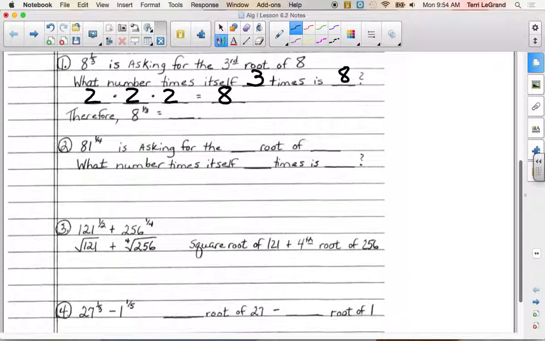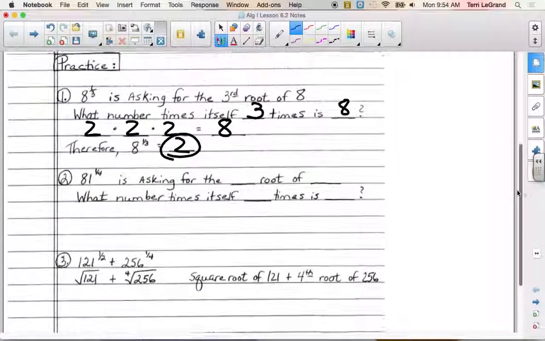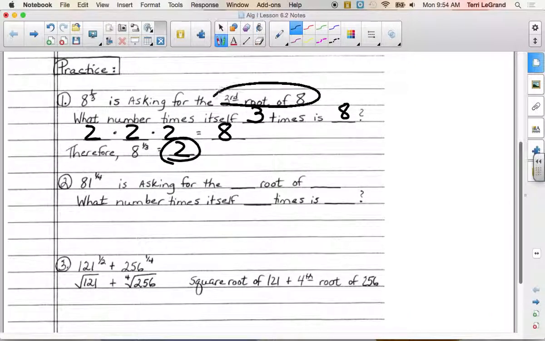So therefore we say that 8 to the 1/3 power equals 2. Or in other words, the 3rd root of 8 is 2.